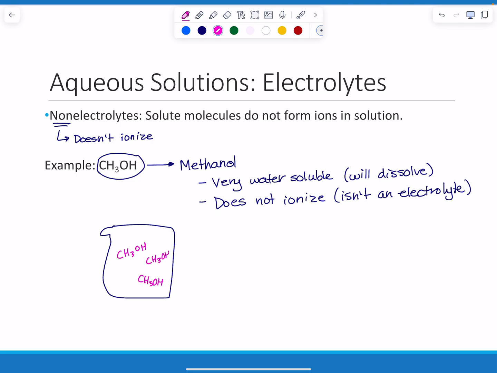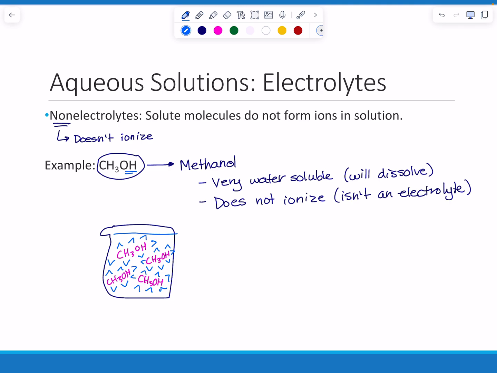They are going to be surrounded by our little water molecules, and the water molecules will orient themselves around the OH that's in here. I'm not drawing them in any particular orientation because I'm just trying to make the figure quickly. So that is what a non-electrolyte would look like in solution.